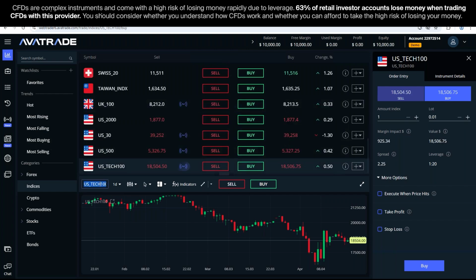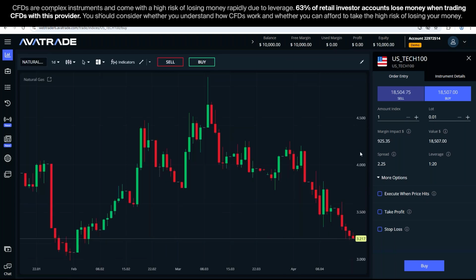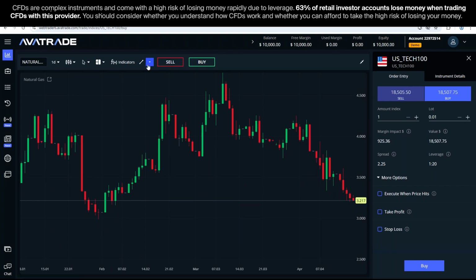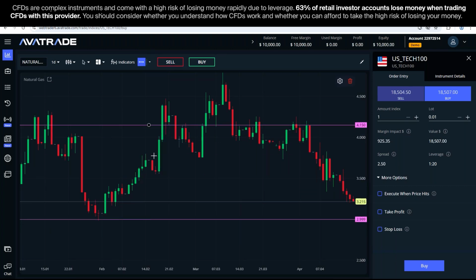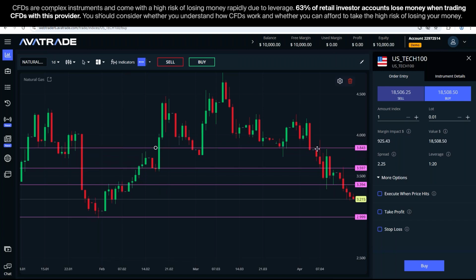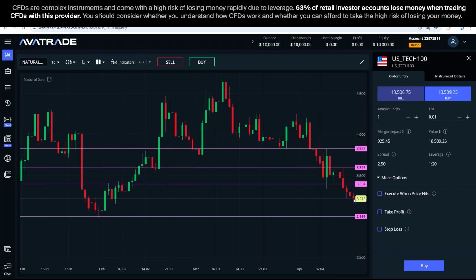Let's take something else just to diversify. Even if the market looks like this, we can immediately see we're heading to the support line. This bit might be a bit advanced for some people, but I would like to give you as much content as I can. We can see right now we're heading from 3.2 to roughly the $3 mark, a bit below 2,999. Let's change it as well to natural gas.